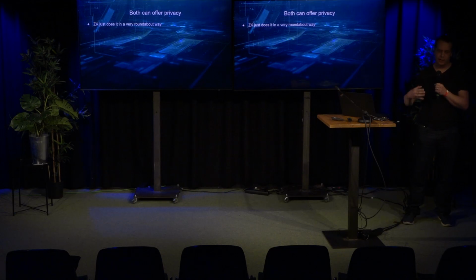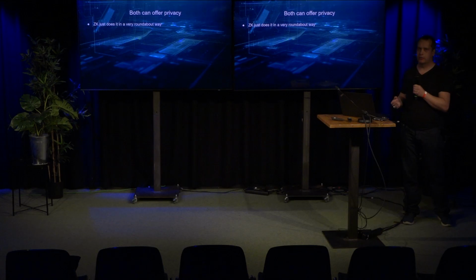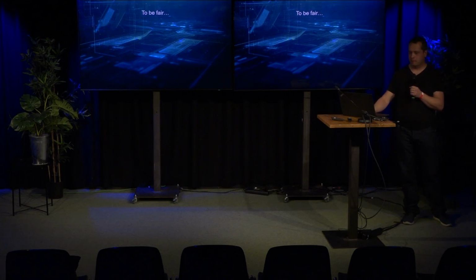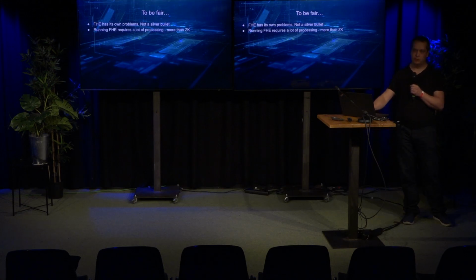There's the prover and verifier interaction, and it's a lot more complicated. With FHE, it kind of just works. Of course, it's not a silver bullet. It has its own issues. There's a lot more processing, and lots more research is needed for FHE. But in theory, it works a lot easier.